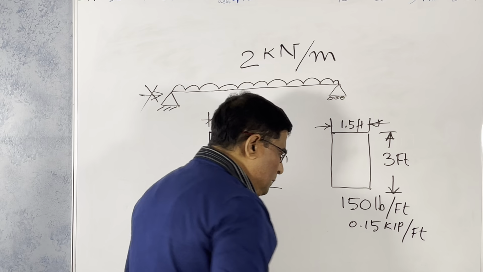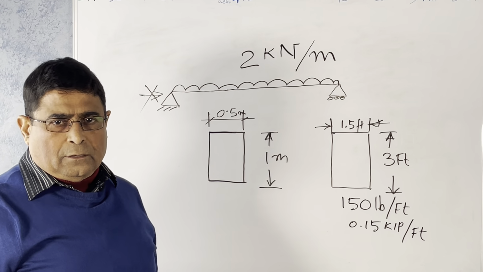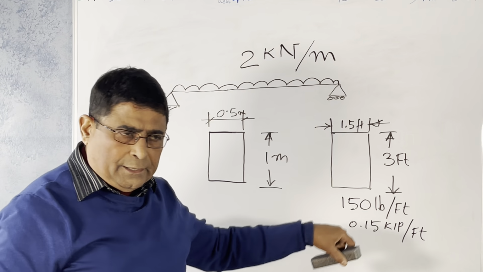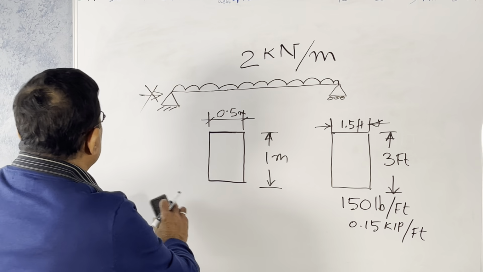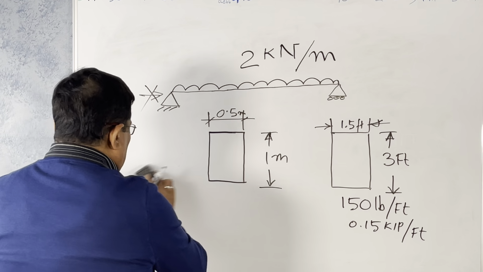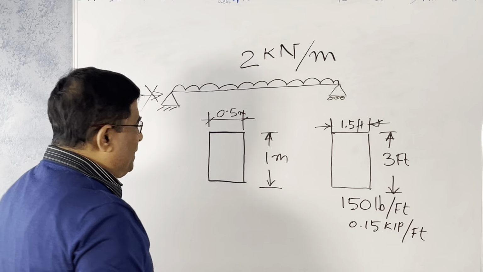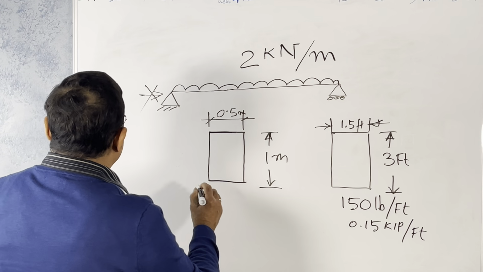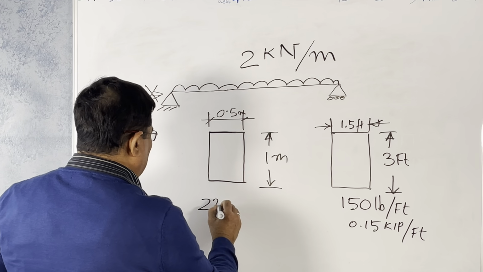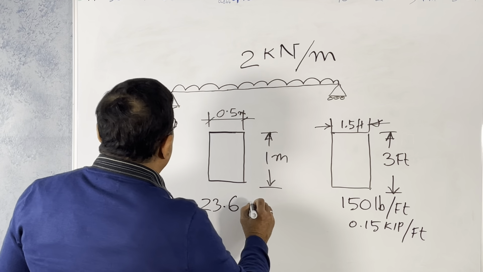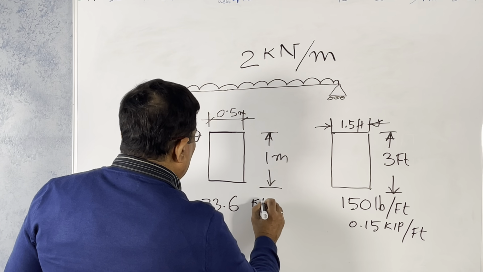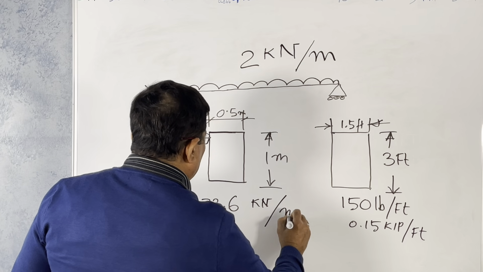That is the American unit weight of the concrete. For the SI unit, the Indian metric system, it is 23.6 kilonewton per meter cube.